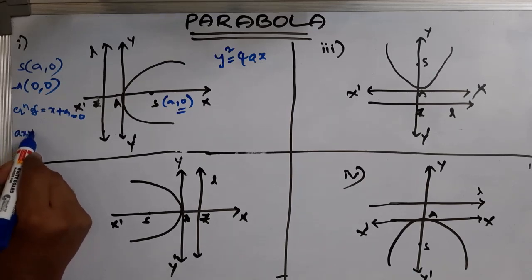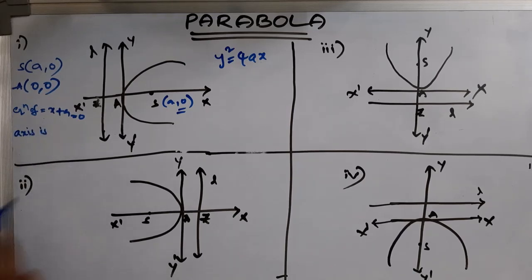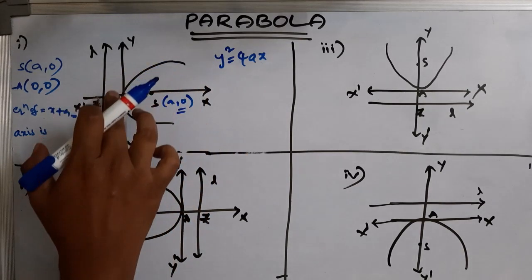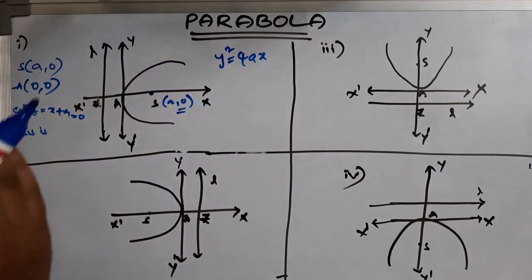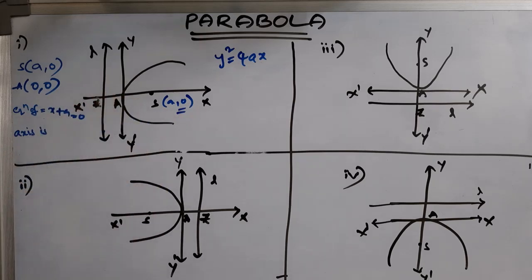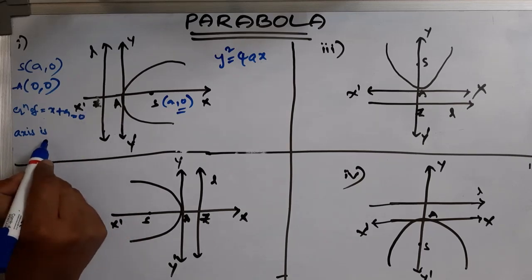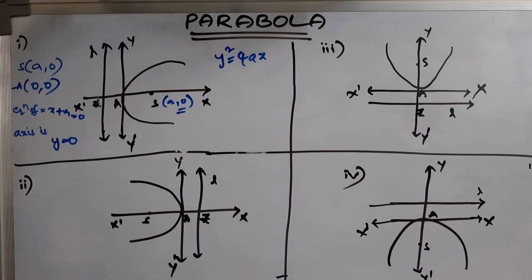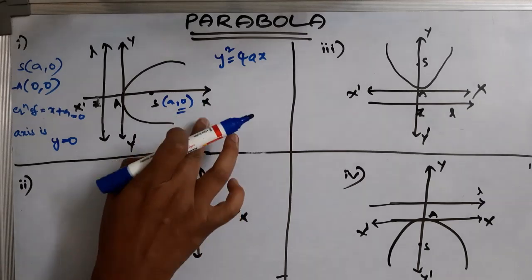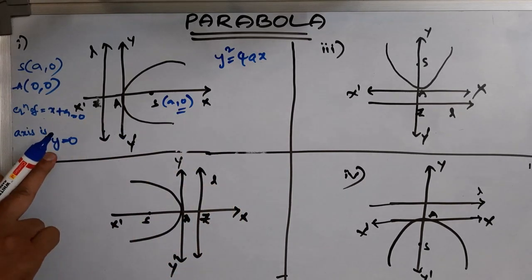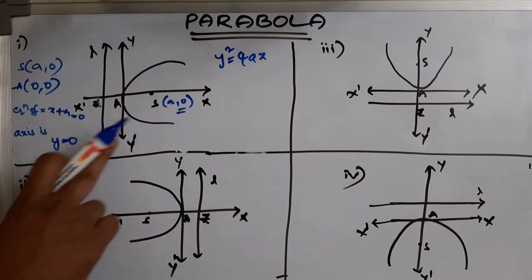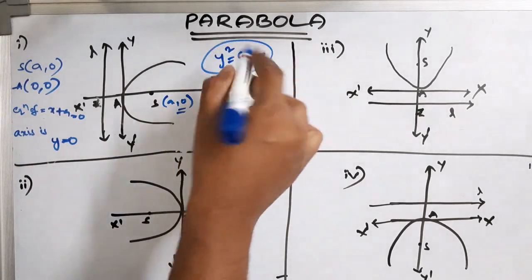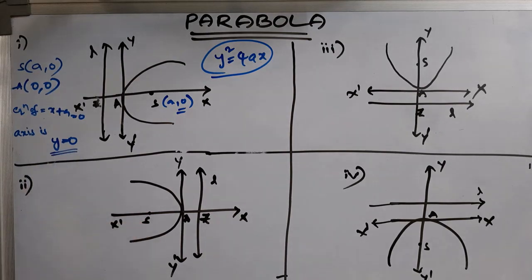The parabola lies on the x-axis, so the equation of axis is simply y is equals to 0. Equation of x-axis is y is equals to 0, right? So the equation of axis whenever y square is equals to 4ax is y is equals to 0.